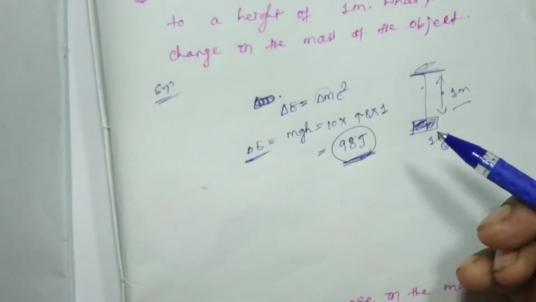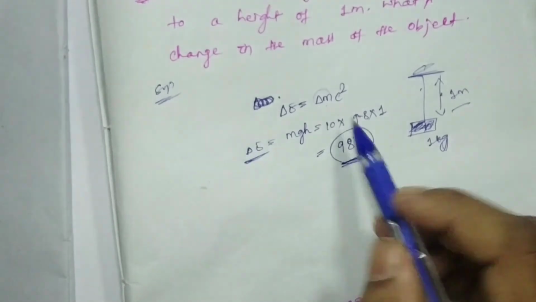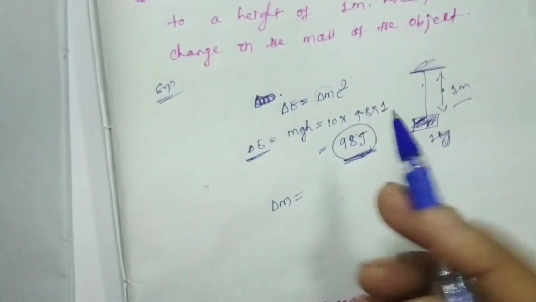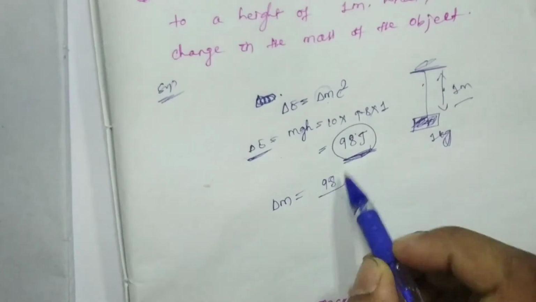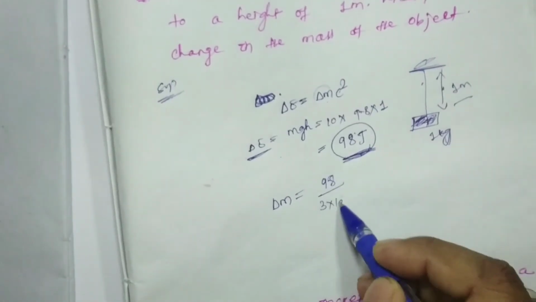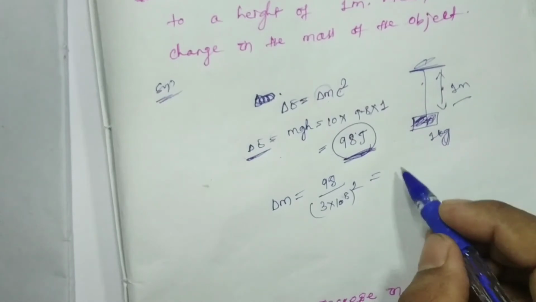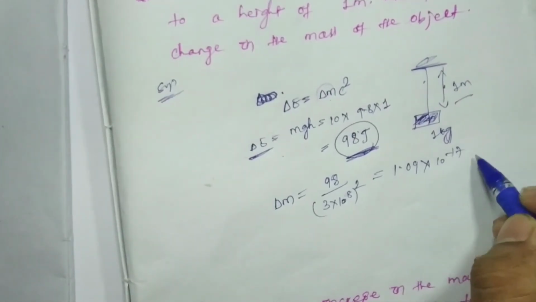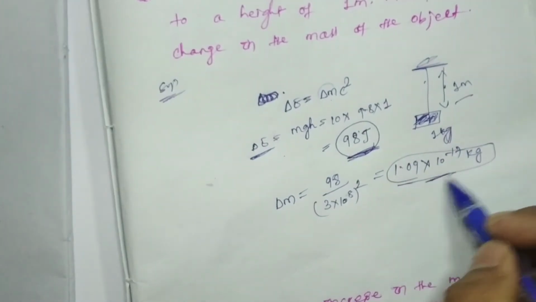So how much mass will it be? If energy is this much, then change in mass del m will be 98 by c square, 3 into 10 to the 8 square. If you calculate, you can find 1.09 into 10 to the minus 17 kg. It is very, very negligible.